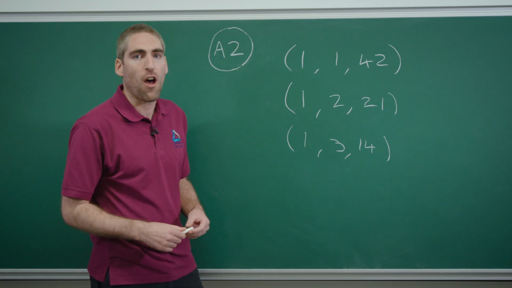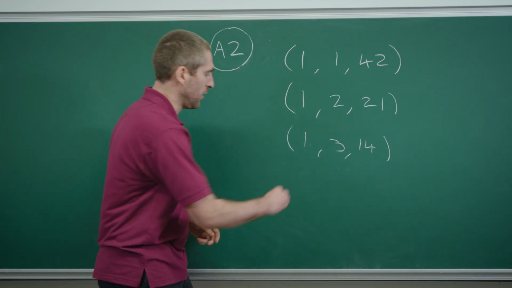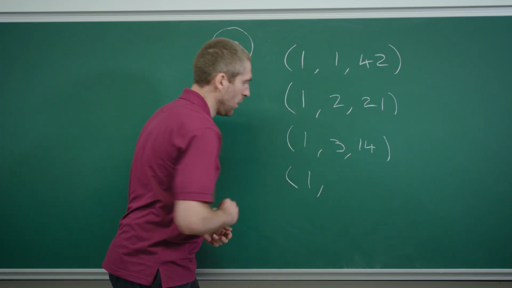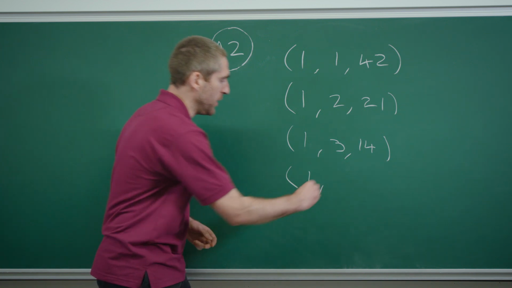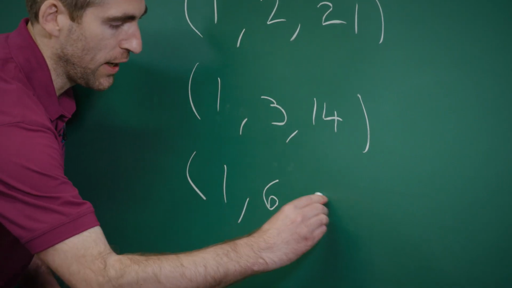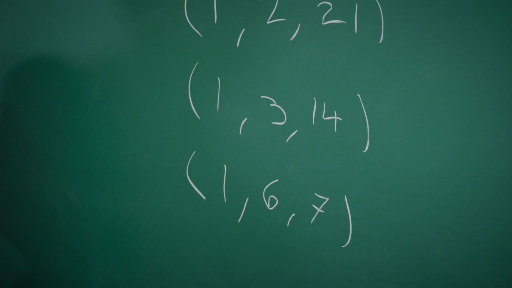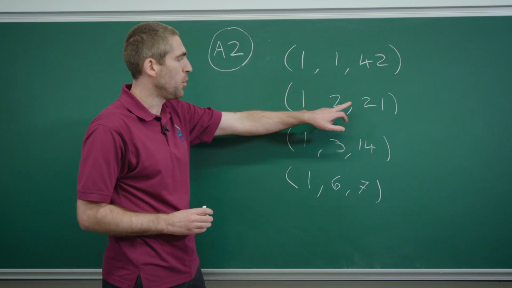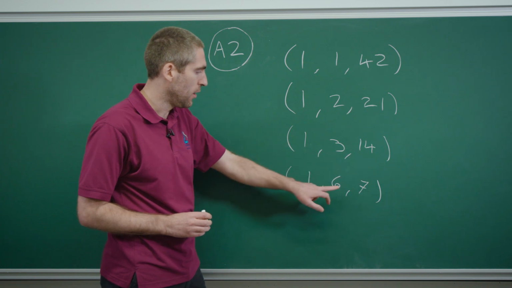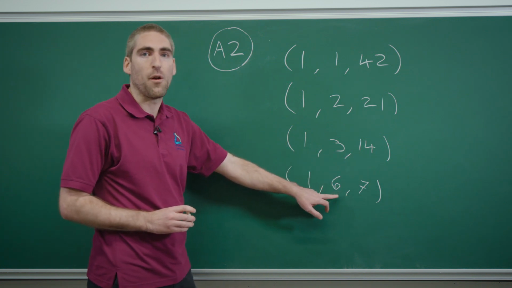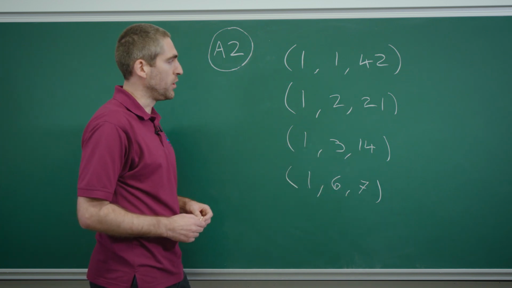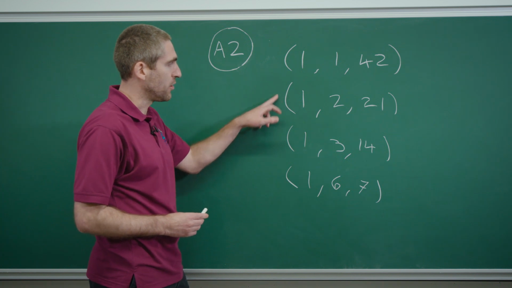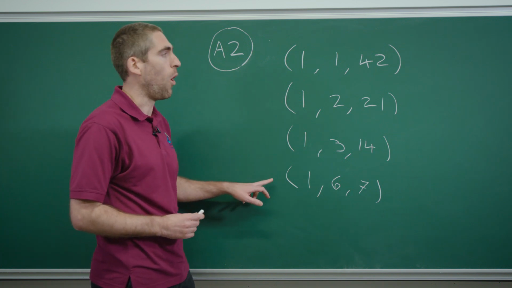And we can have one final triple where the smallest factor is 1, and the next factor would be 6, and the final factor would be 7. And if we look at these pairs here, 1 and 42, 2 and 21, 3 and 14, and 6 and 7, these are the only factor pairs of 42. So these are all of the factor triples where the smallest factor is 1.